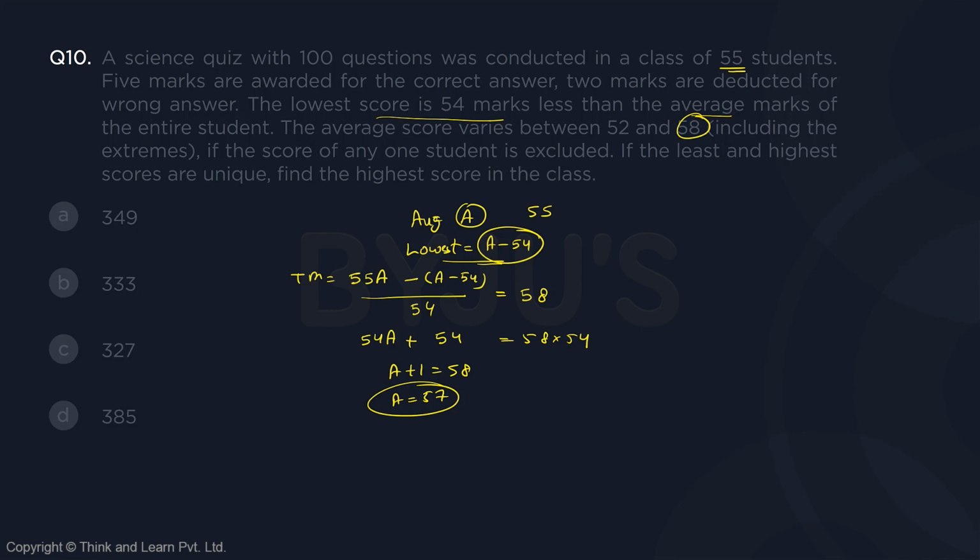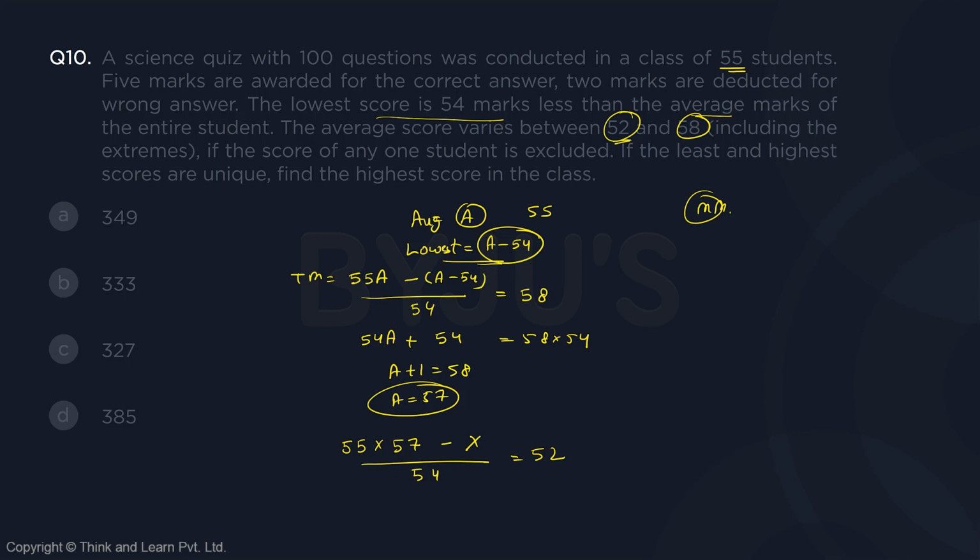Now if I exclude the maximum marks, the average must be 52. So let's say the maximum marks which I need to find is M. The total was 55A, that is 55 into 57, minus the maximum marks, let's say X, upon 54 should be equal to the lowest average, which is 52.